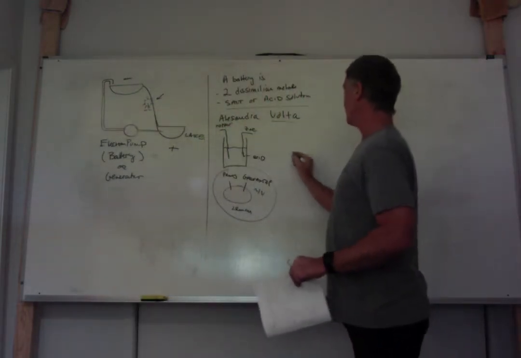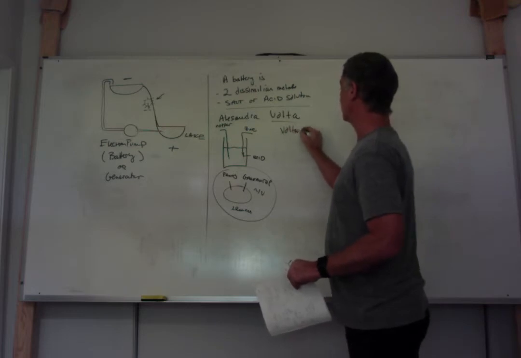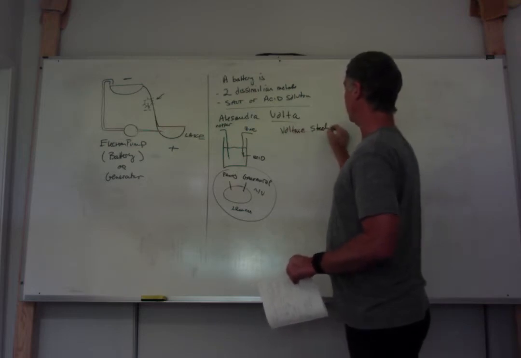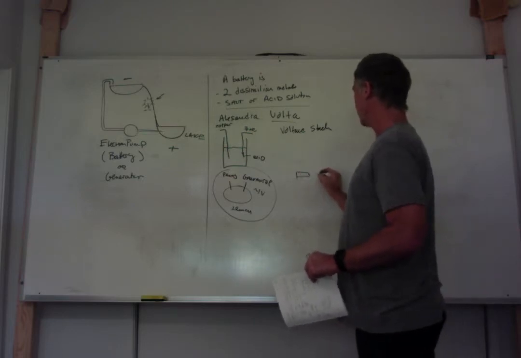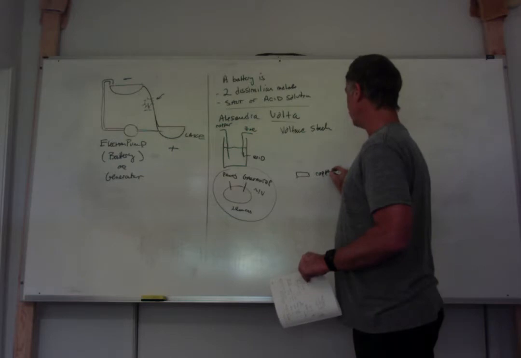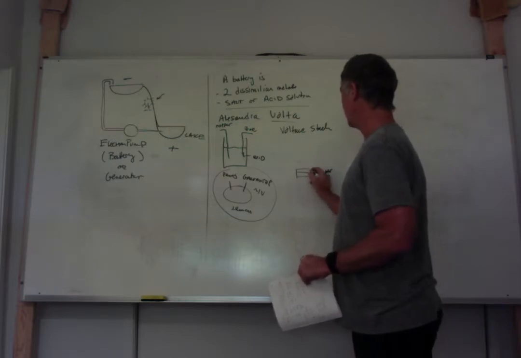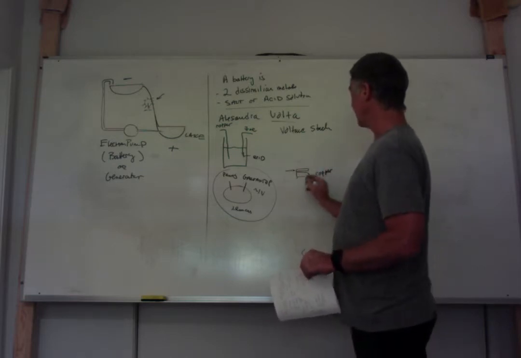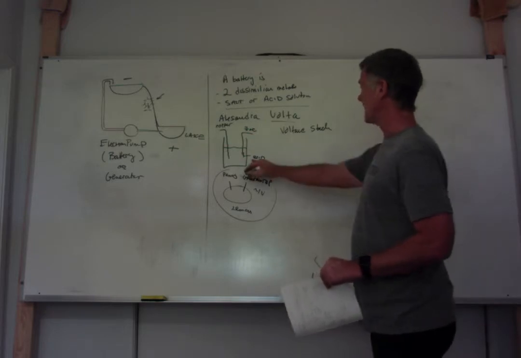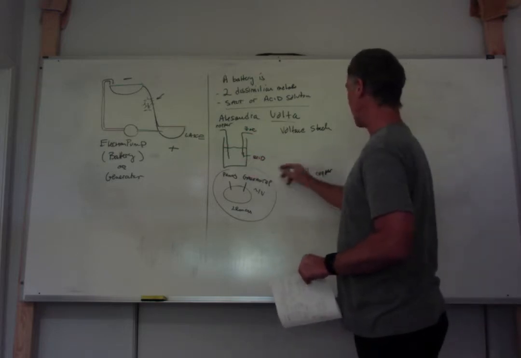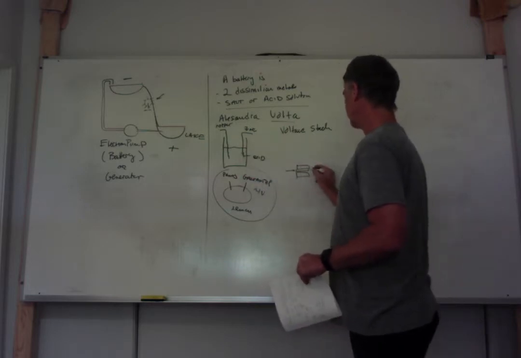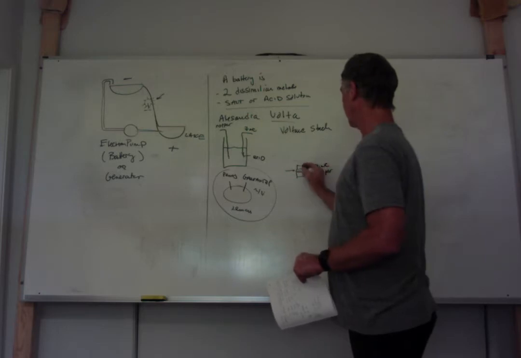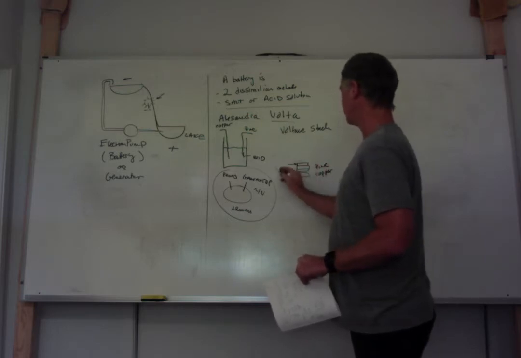Alessandro Volta made what he called a voltaic stack, a kind of a forerunner of a battery. And what he did was he took pieces of copper, and then he put a piece of cloth soaked in acid or salt water, and then he put a piece of zinc, and then a piece of cardboard or cloth.